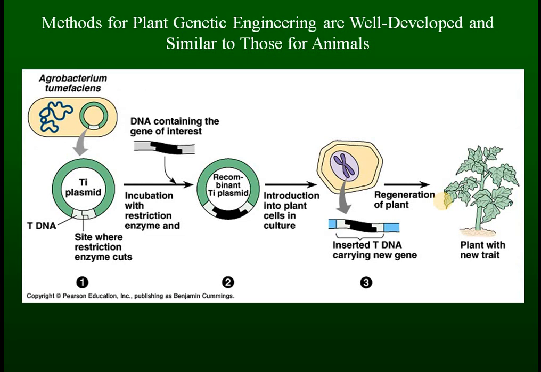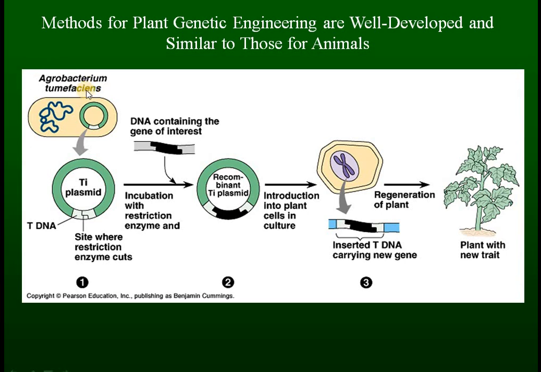So here we use different vectors. In the case of humans and microbes, we use plasmids, phage vectors, cosmids, and artificial vectors. But in plants, we use two different vectors. The first one is Agrobacterium tumefaciens.